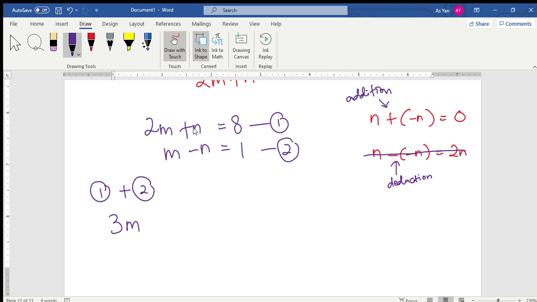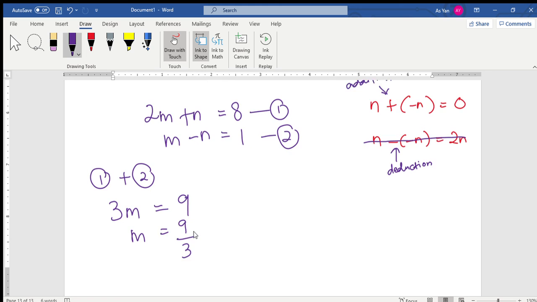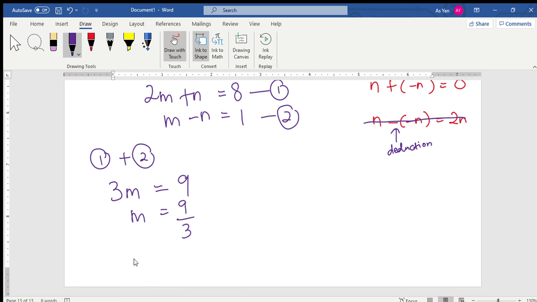Positive n plus negative n equals 0, as we did just now. So do nothing. Equals 8 plus 1, which is 9. So m equals 9 over 3, and 9 over 3 equals 3. That means our m equals 3.